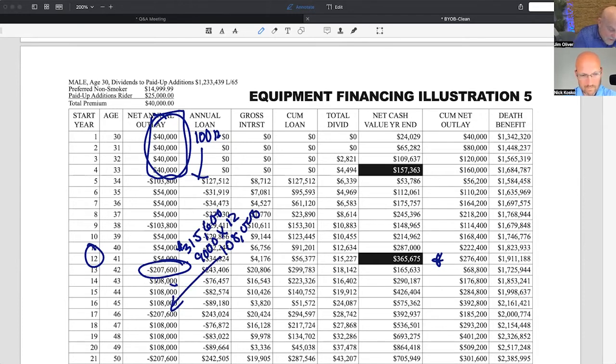I'm sorry, right here. All right. So what was he paying the bank? 16,000. So roughly 44% is still going out the door to the bank. So no, this isn't a great example of somebody using infinite banking. Because if he was smart, there would be no money going out to the bank.